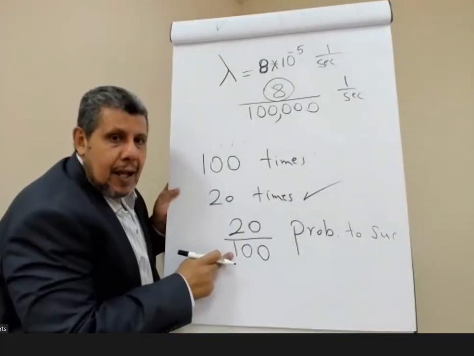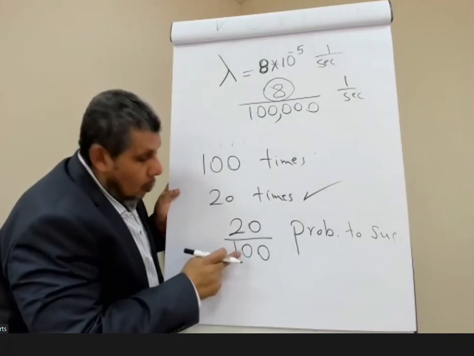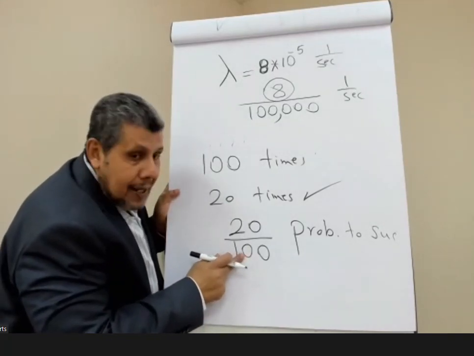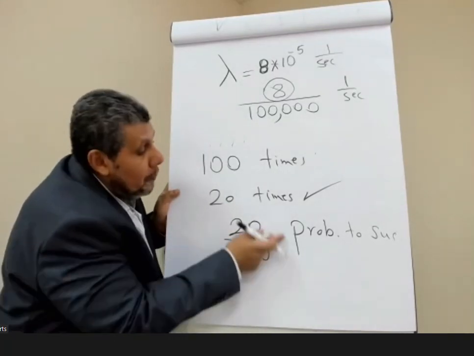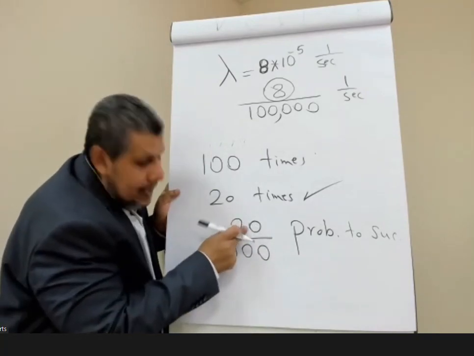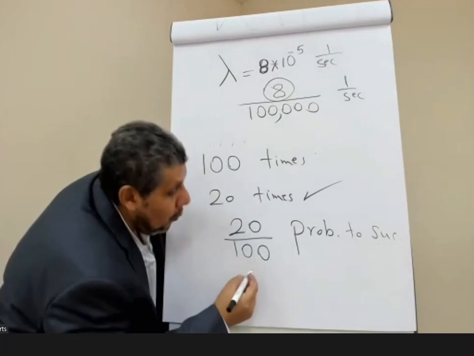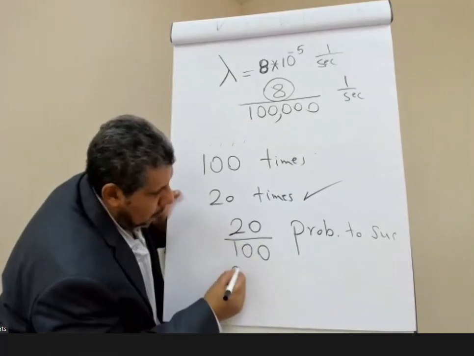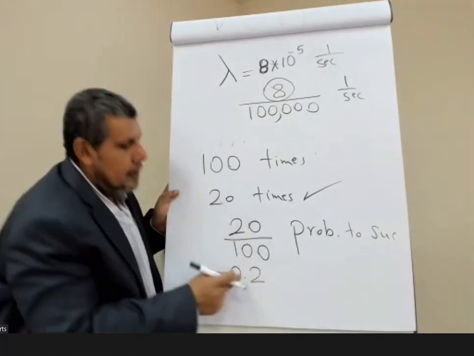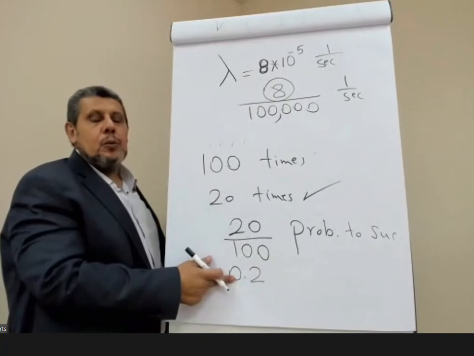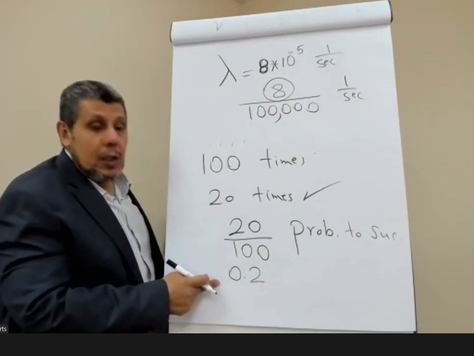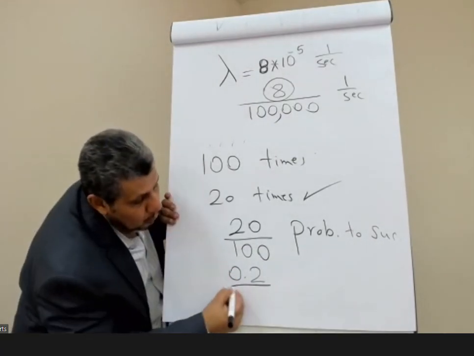From 100 times I try, I succeed in 20, so my probability is 20 divided by 100, which equals 0.2. What is the meaning of this 0.2? It is 0.2 over 1.